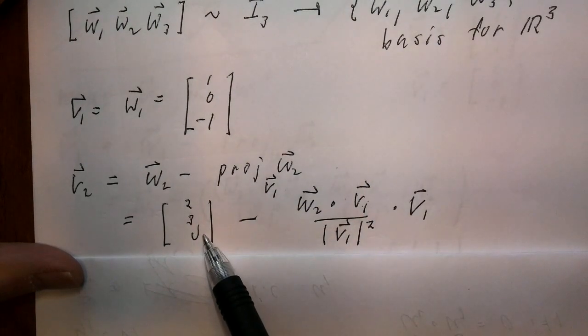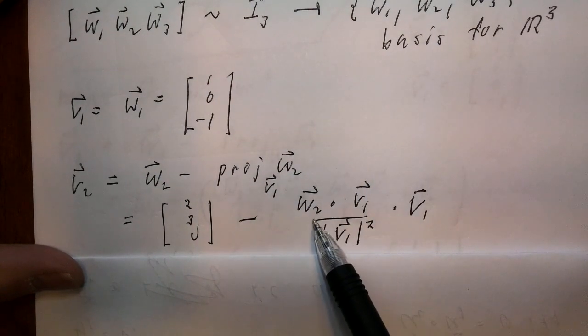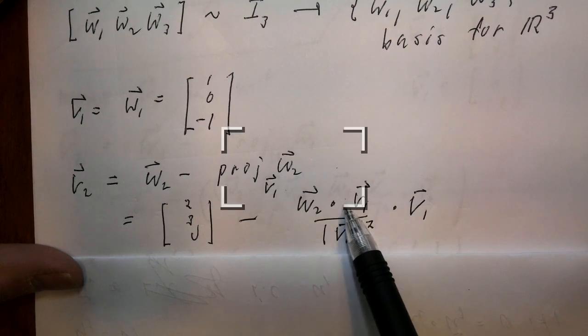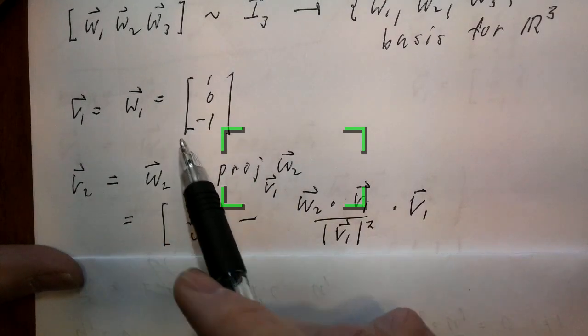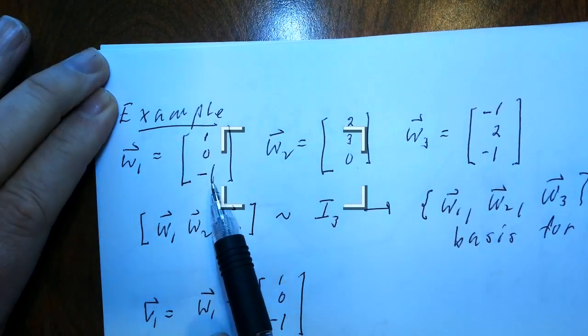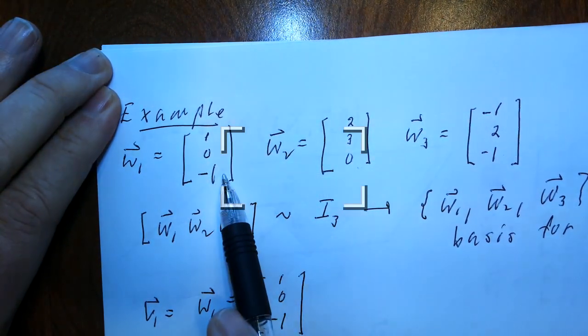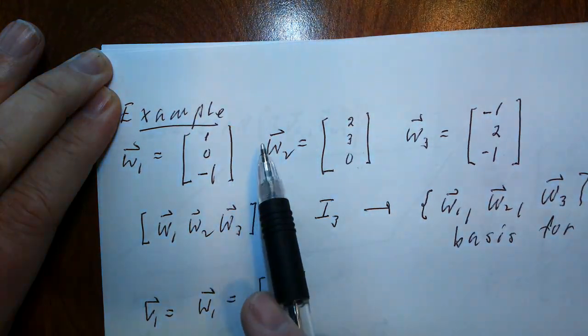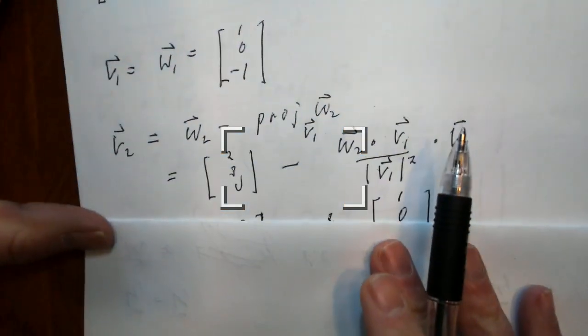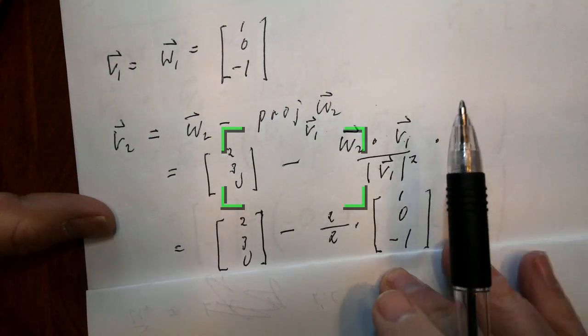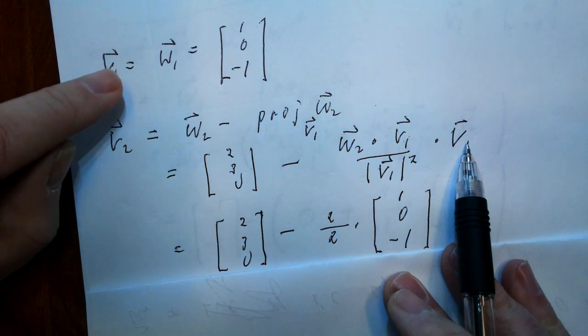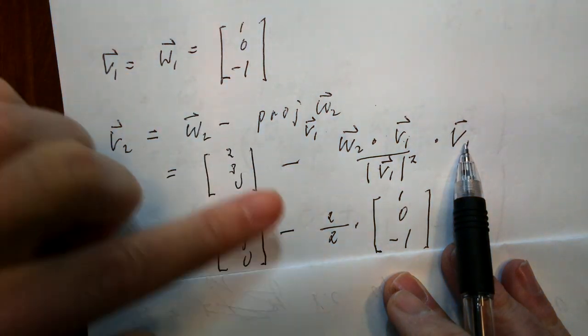W2 is 2, 3, 0. If I take the dot product of W2 with V1, which is W1, I get 2. The length of V1 squared is 2 as well.